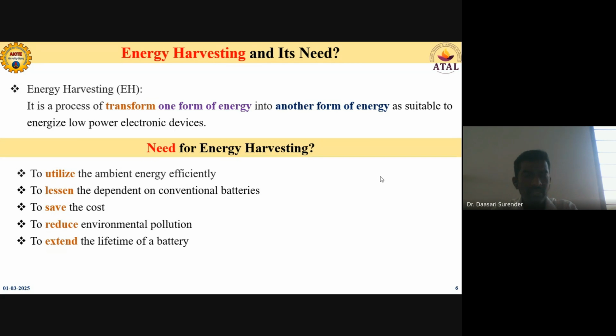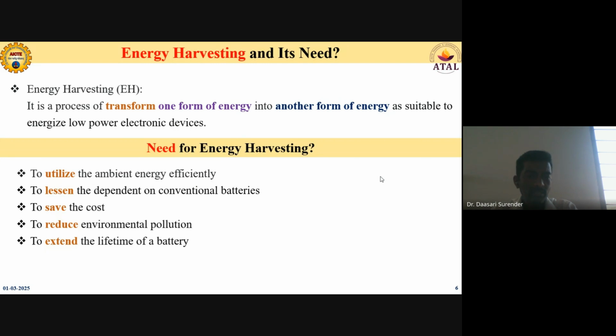Energies may be different: solar, wind, acoustic, thermal; different types of energies are available in nature. Collecting that energy from the ambient environment and using it for low power electronic devices is generally called the energy harvesting approach.